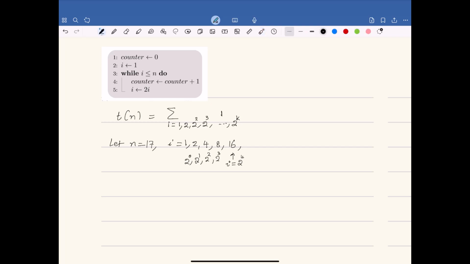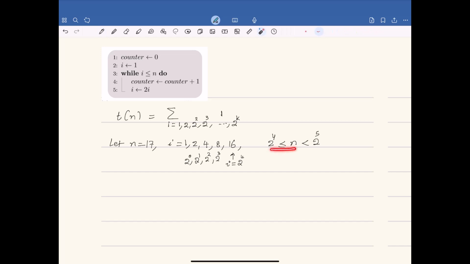So we can write the following inequality. We say that n is greater than or equal to 2 to the power of 4, and this is the last value we obtained for I in the last iteration. And once you increase the power 4 by 1, then we will get a value that is greater than n. This will be 2 raised to power 5.